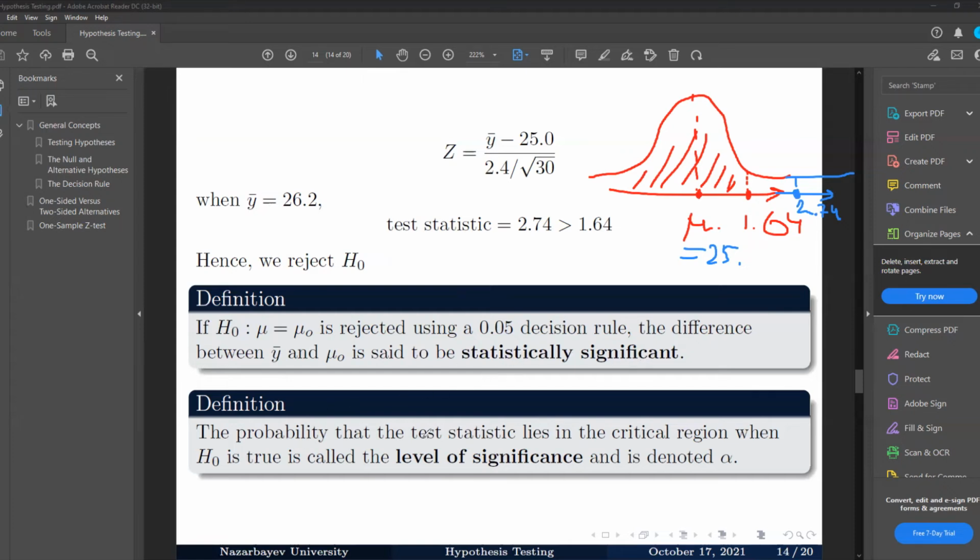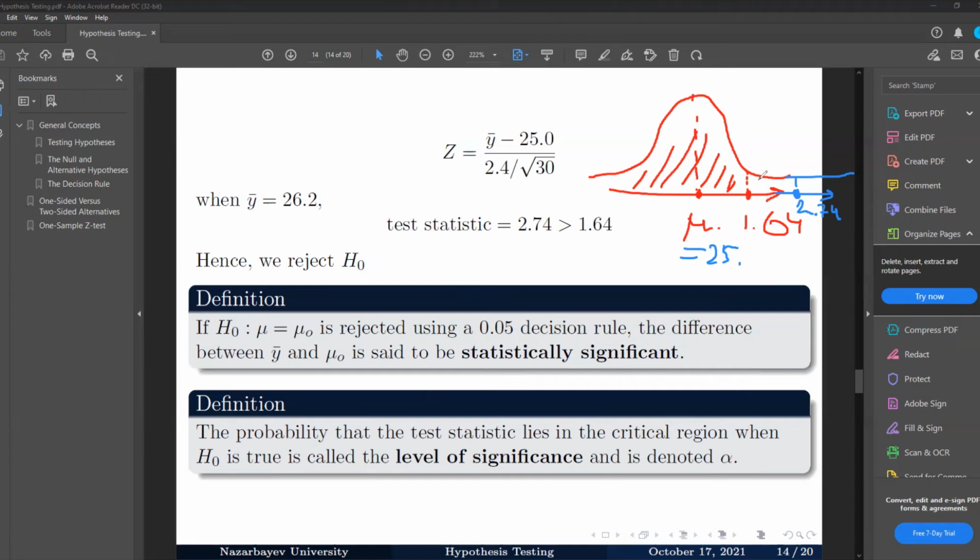And the probability that the test statistic lies in the critical region when H naught is true is called the level of significance and denoted by alpha. In our case, the level of significance was 5%.